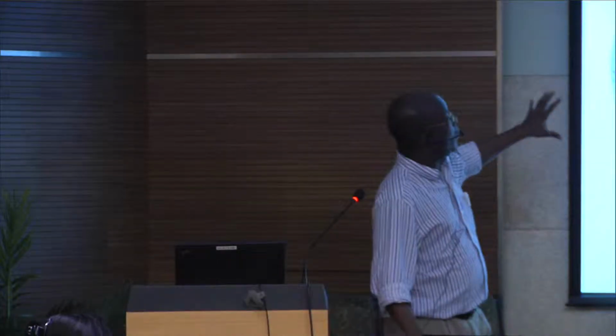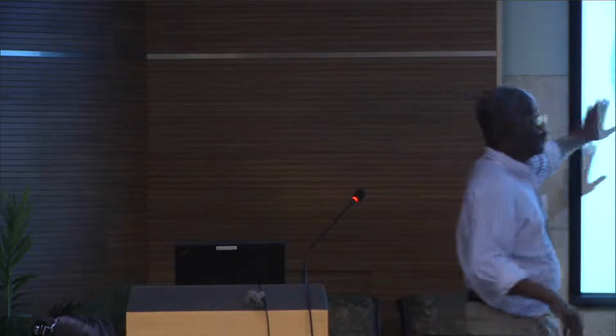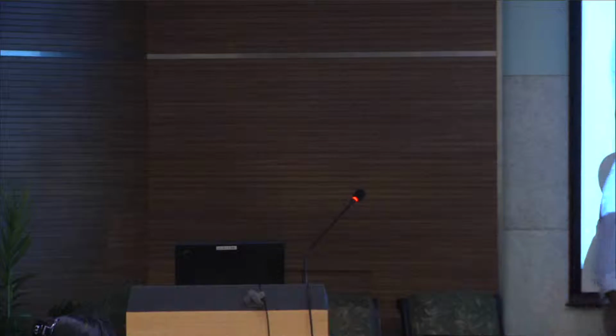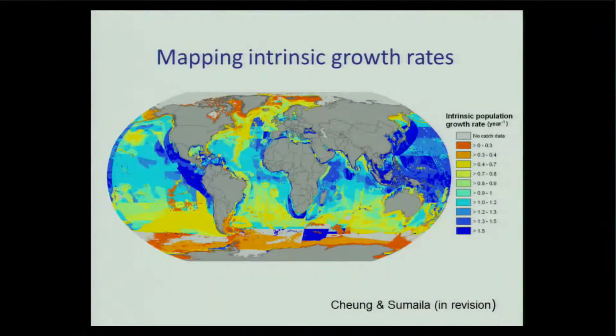If he were to plot the areas in the ocean that he thinks are more vulnerable to fishing based on his ecological models, this is the picture you would get. These areas are easy, these areas are more difficult. The more red you are, the more vulnerable you are. That's the ecological picture, and clearly this is not the whole picture.